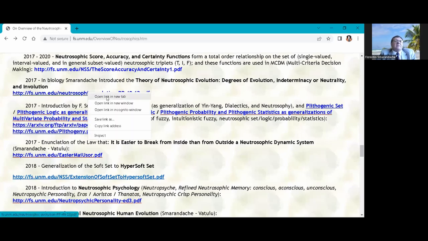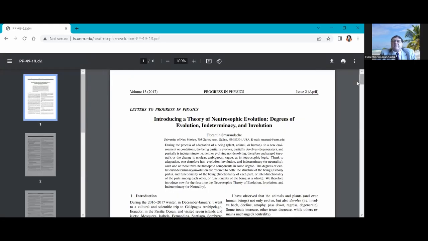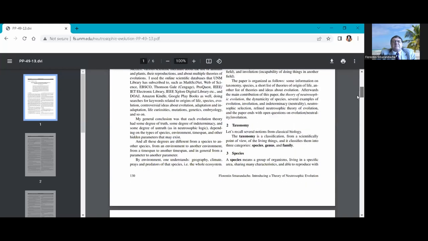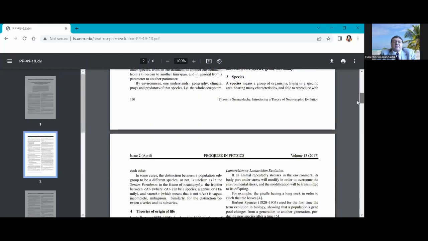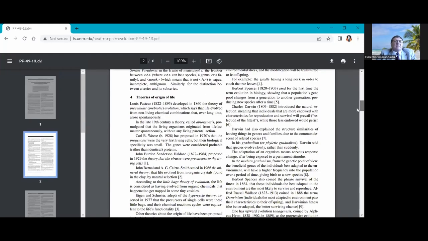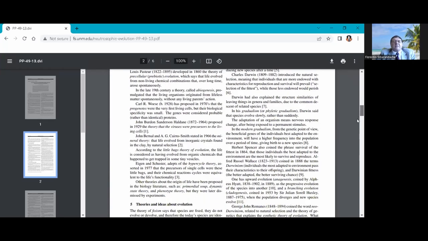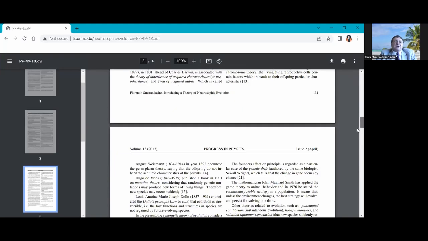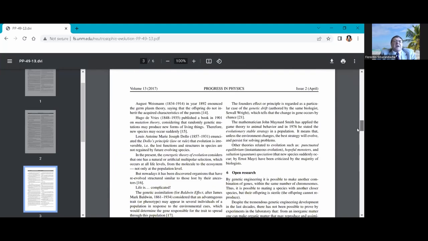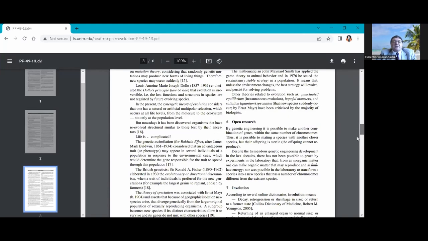And let's see some examples of such applications.